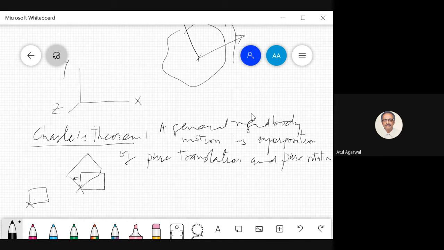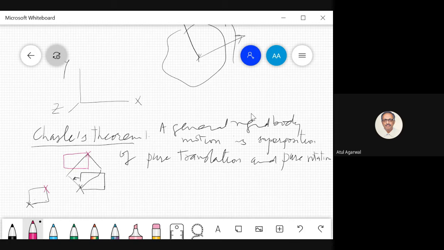If you had taken another point, suppose you had taken this point, now you give the body translation corresponding to this point. Now this point has gone here. Now you give entire body translation corresponding to this point. So what happens? So this body takes this position.